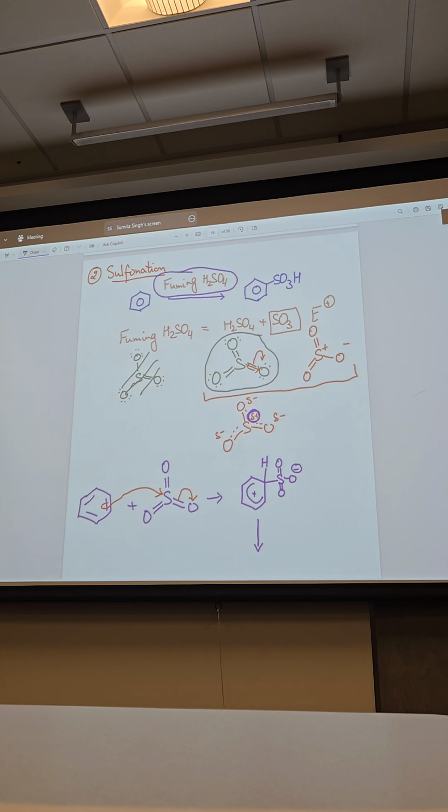If it is fuming sulfuric acid, which is an inorganic acid, what else will exist in this mixture? H3O plus. Okay, what else will exist with sulfuric acid and sulfur trioxide? Water.